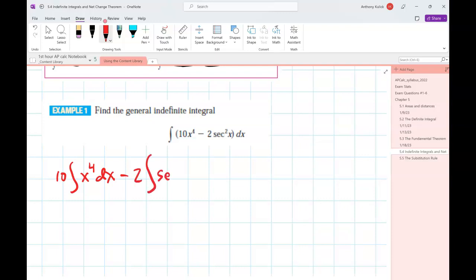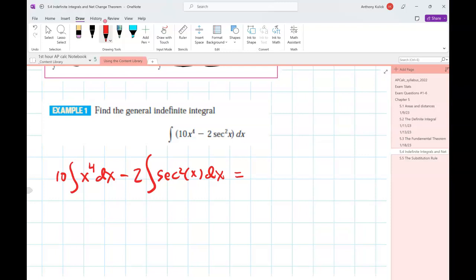Got to be careful there, because notice that the dx applies to both terms, so you have to have a dx at the end of each integral. Everybody's okay with what I did there, just as my first step?